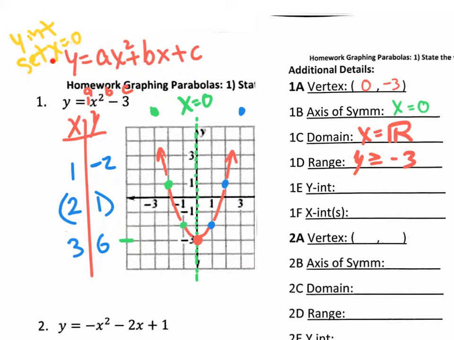So if I want to find my y-intercept, I set the x value of my coordinate equal to 0, and the c value, -3, will be my output. So 0, -3 is my y-intercept value.